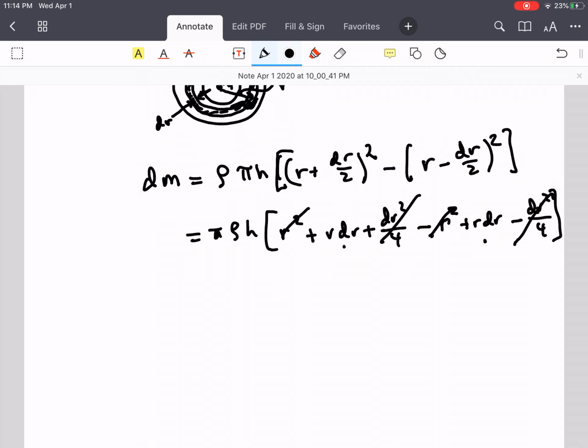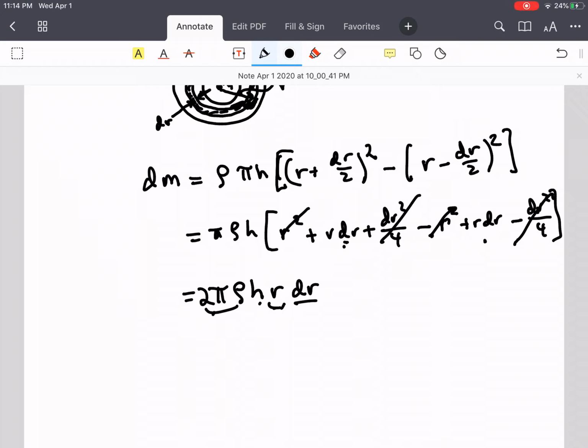I have 2 r dr. And so the small little bit of mass in this little cylindrical sliver is 2 pi rho h r dr. There's another way of doing this, which is just the width is dr, the size around the outside is the circumference of the circle, which is 2 pi r, and then it's rho times that volume, which is h times radius times circumference times width. Either way, you get the same answer, 2 pi r dr, rho h.